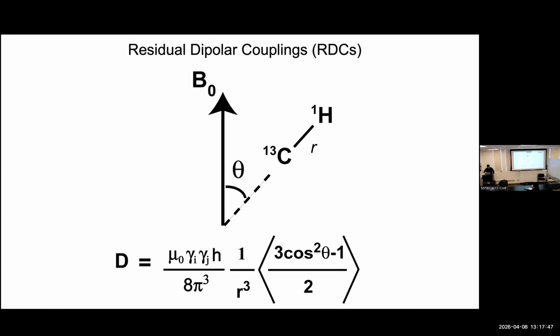Okay, so we need a distribution function, which is to say, what is the probability of a given theta? So if I have my vector in solution and it's randomly sampling all orientations, what is the probability of a given theta? Is one theta more probable than the other? It's a totally random distribution. My vector could be anywhere.